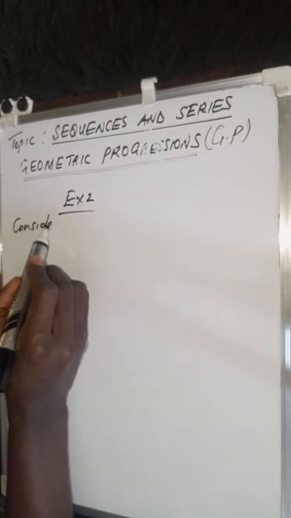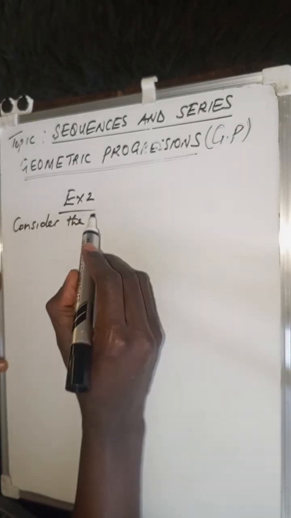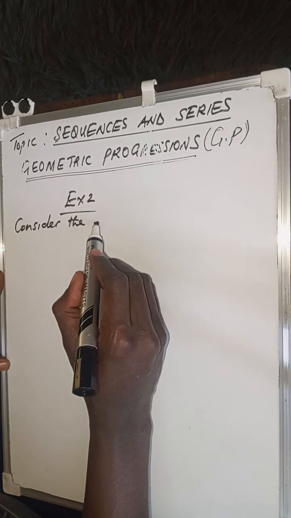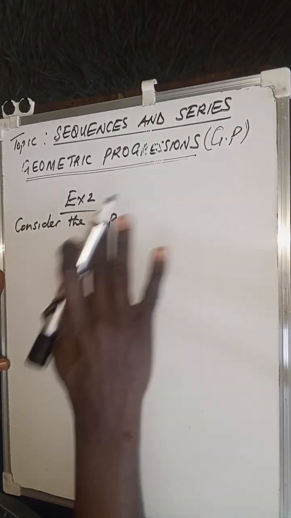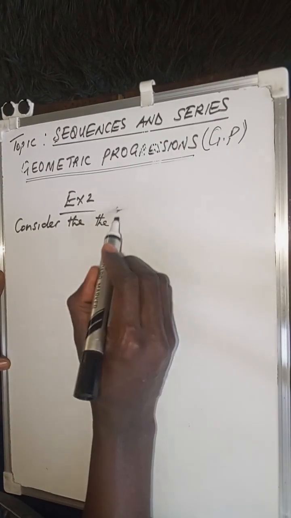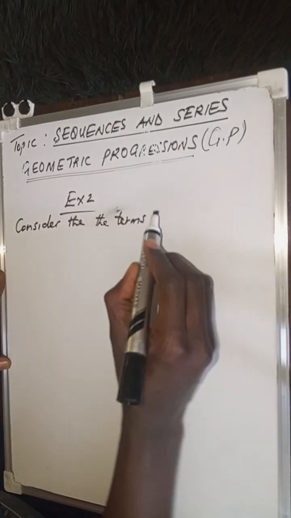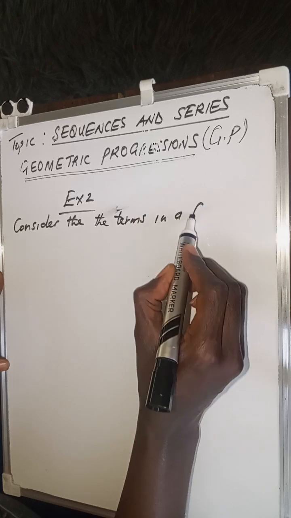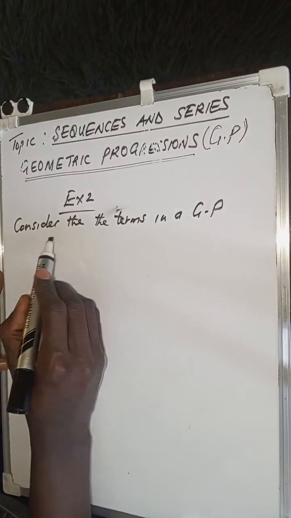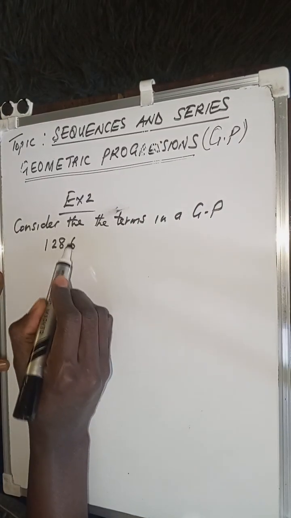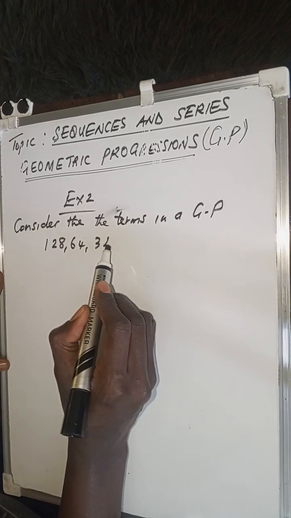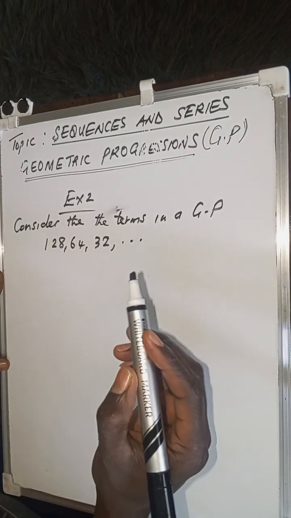Consider the terms in a geometric progression. So they give you 128, 64, 32, and so on and so forth.